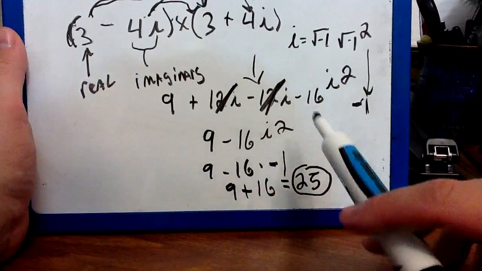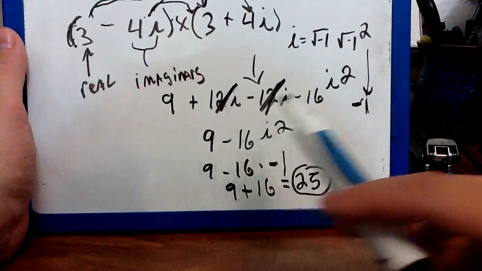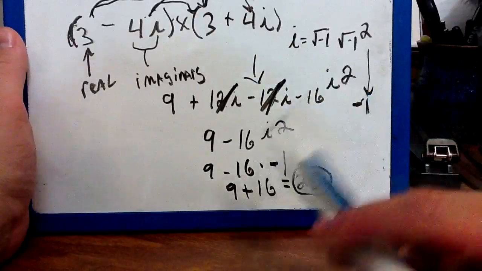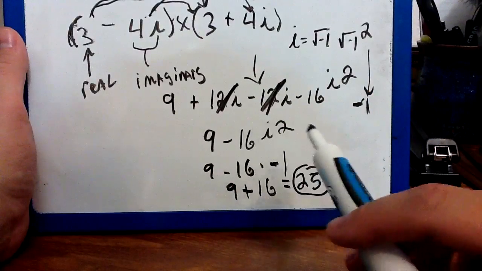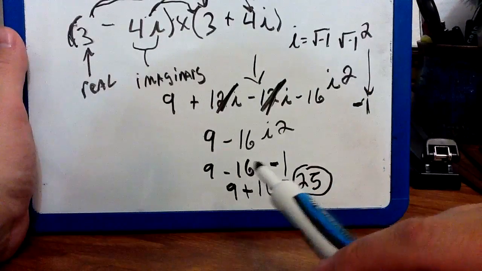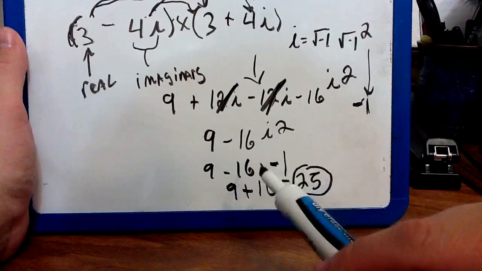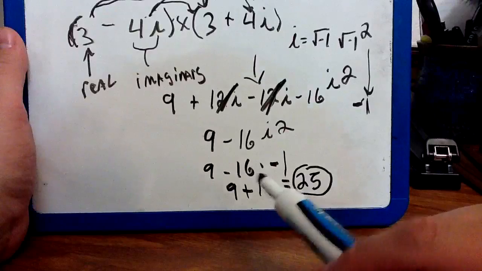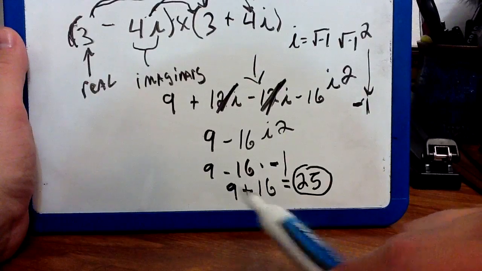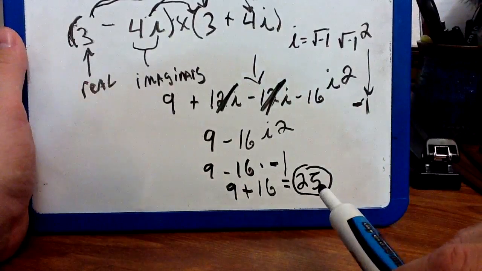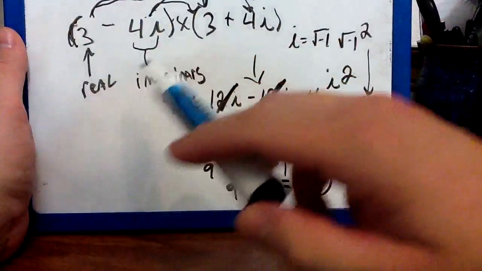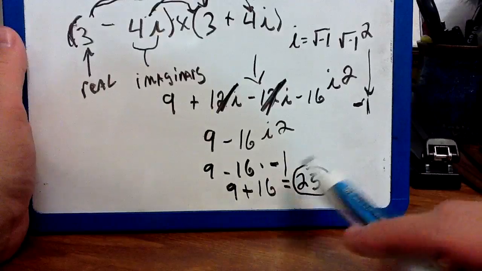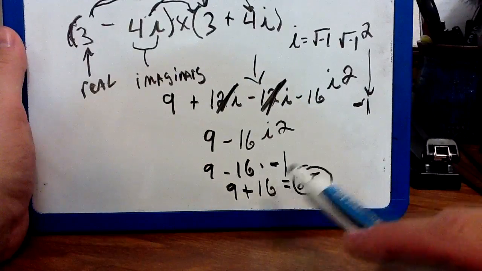They canceled each other out, and then I ended up with 9 minus 16i squared, but we already recognized that i squared is nothing more than -1, that -1 times a -16, well, negative times negative is a positive, 9 plus 16. So what fell out of this original complex number here is nothing more than this real number here.